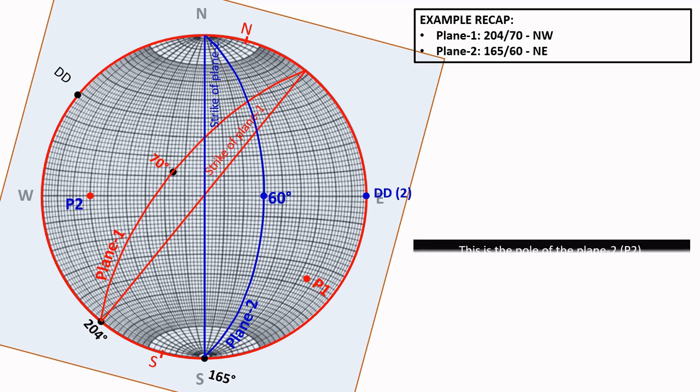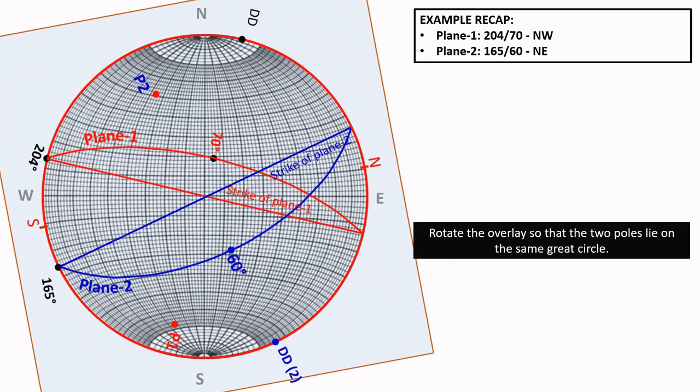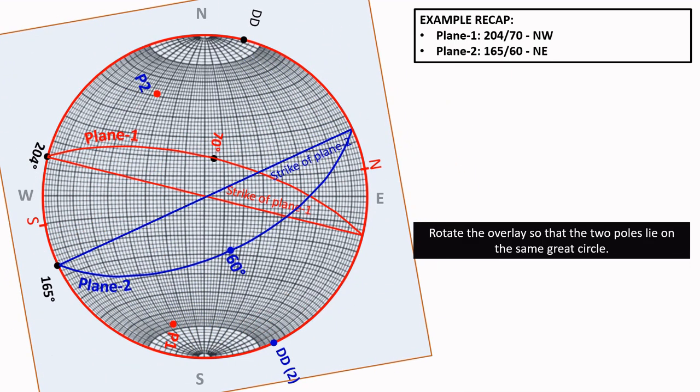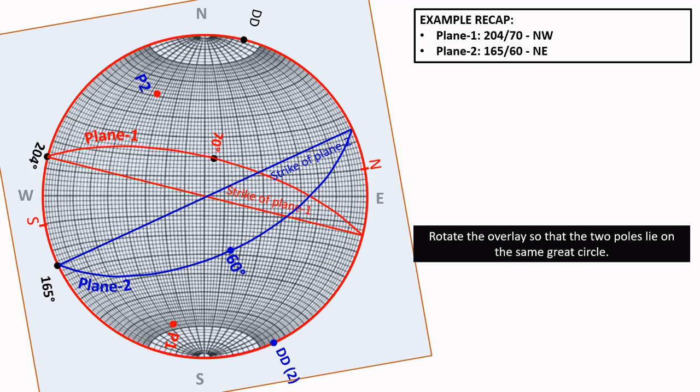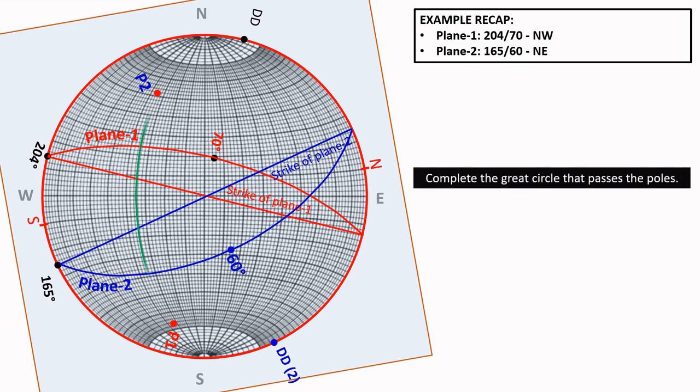Rotate the overlay so that the two poles lie on the same great circle. This is the position where the two poles lie on the same great circle. Complete the great circle that passes the poles.